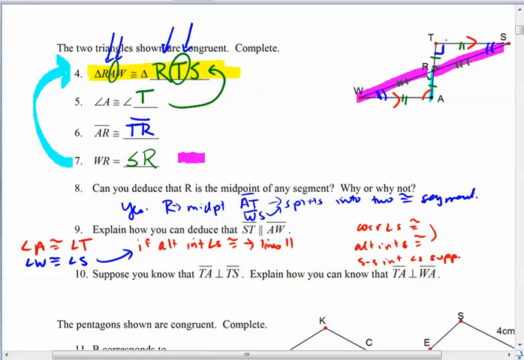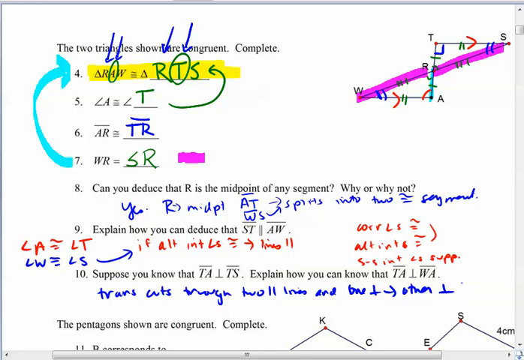Well, we could do this by several reasons. There was one reason that we had that was kind of special. I said it was redundant. The idea is that if a transversal cuts through two parallel lines, and we have one perpendicular intersection, the other is also perpendicular.